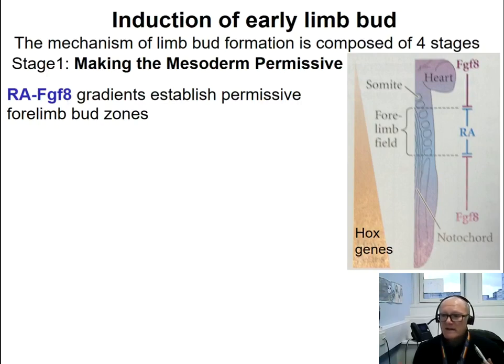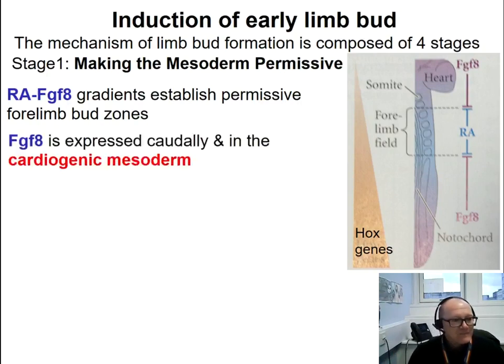So retinoic acid and FGF8 usually create two opposite gradients. We have an anterior to posterior gradient of retinoic acid, and we have a posterior to anterior gradient in the embryo of FGF8. FGF8 is indeed expressed caudally, so posteriorly, forming a posterior to anterior gradient.